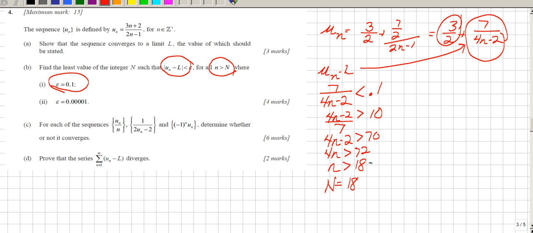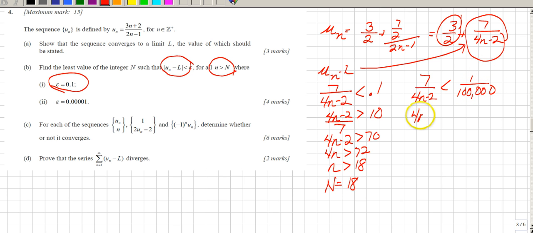Now we're going to repeat the exact same process for part 2, except this time we want the difference to be a lot smaller, 0.00001, which is 1/100,000. So we're going to do it exactly the same way. 7 over 4n minus 2 is less than 1/100,000. I'll just go ahead and write that as a fraction.